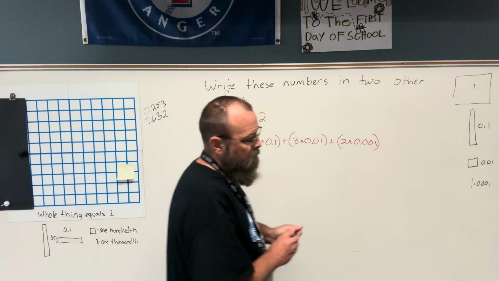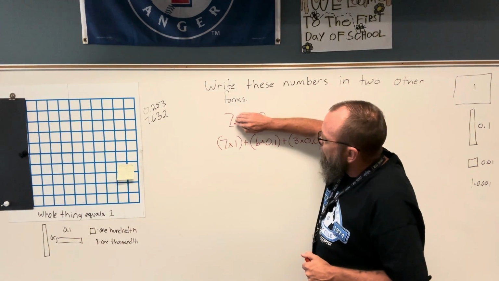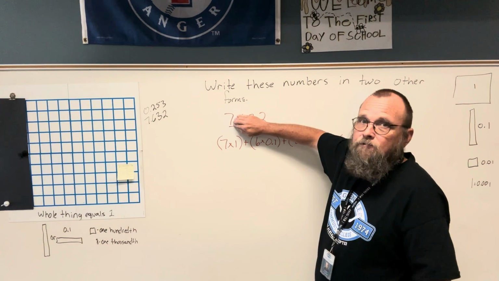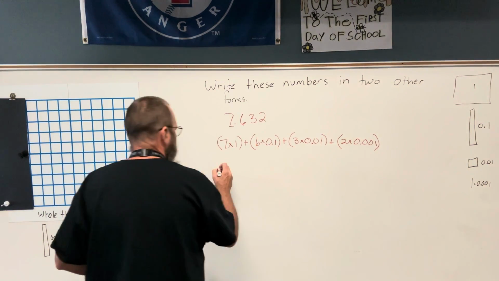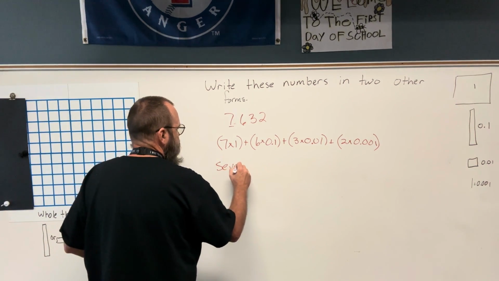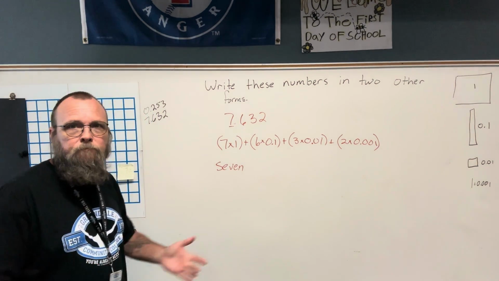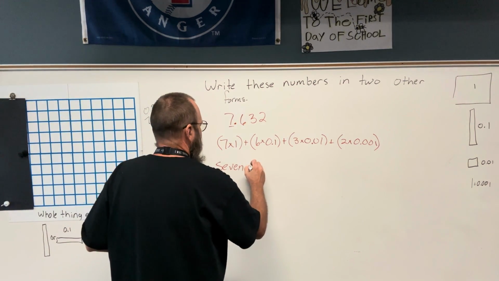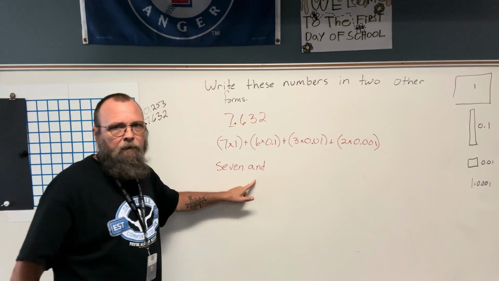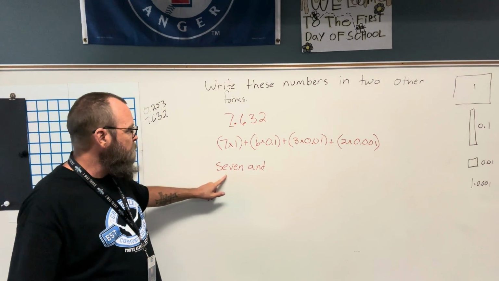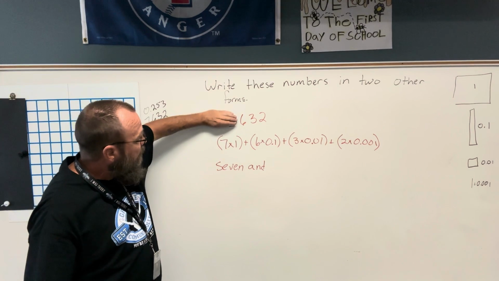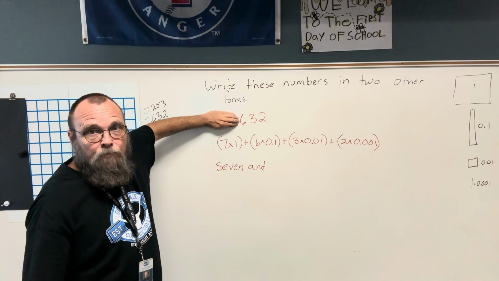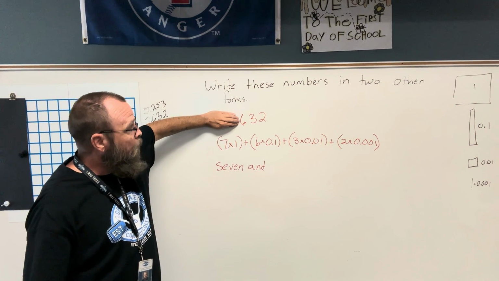Now, writing numbers in word form. Ignore the decimal point and everything behind it. And what do I have? I have 7. So I write 7. That's my whole number, 7. I get to the decimal point and I write the word and. That tells me that's where the decimal point is. Now, I'm going to ignore everything before it and just read the number as it is, 632.